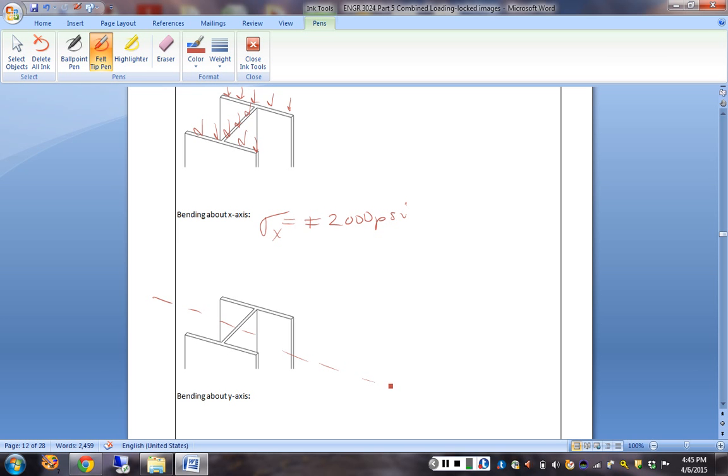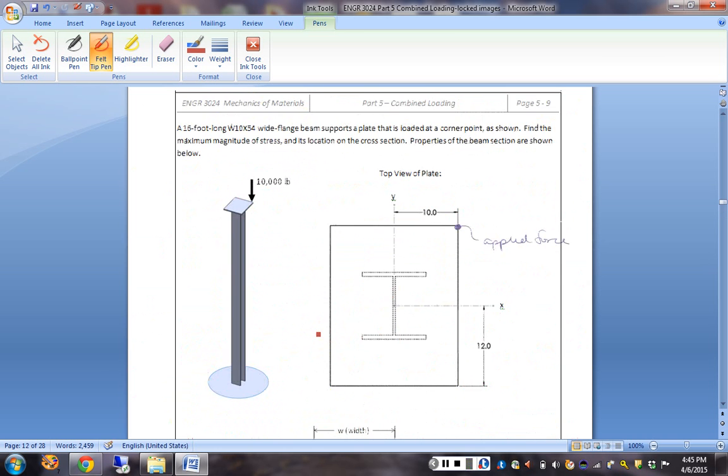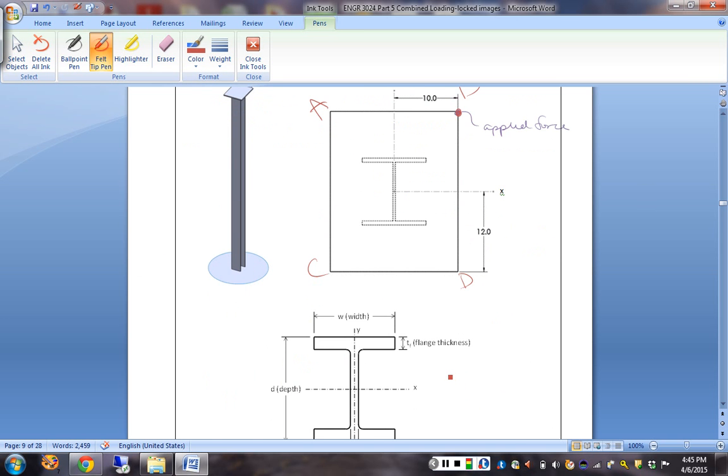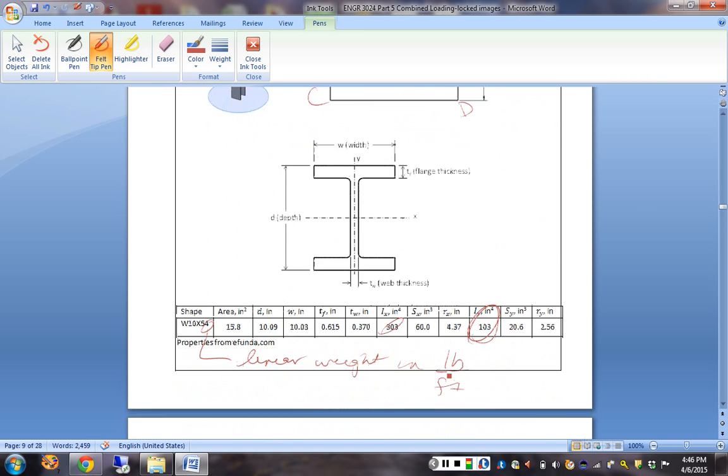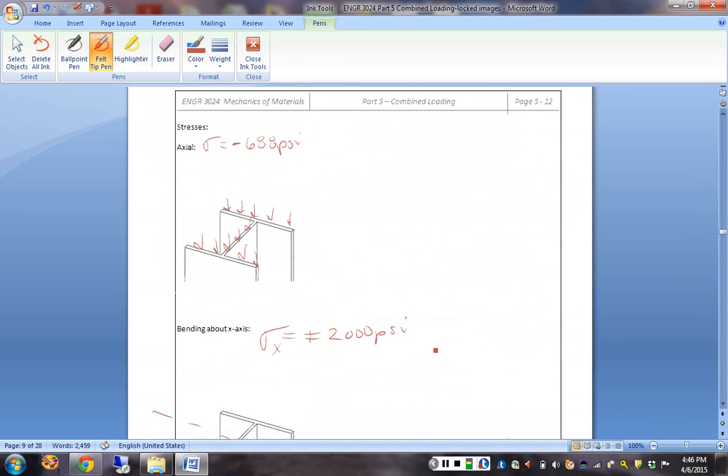Okay. Or let's go back and let's orient ourselves. If we come back up here, where is my loading? It's on plus x and plus y. Okay, and if we label these, we have A, B, C, and D. Okay, and if we come down and label our little cross sections, let's label those with A, B, C, and D as well.